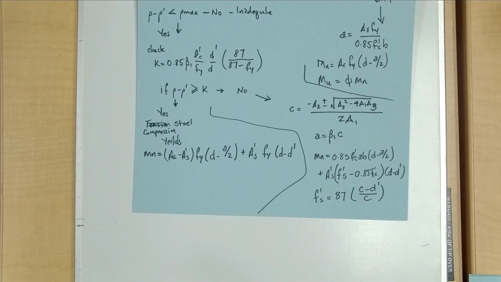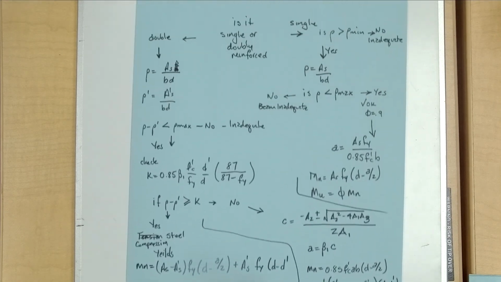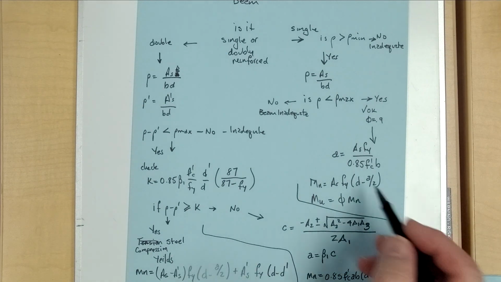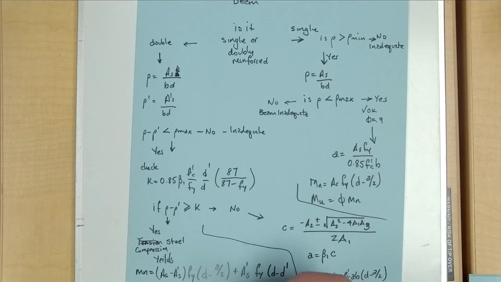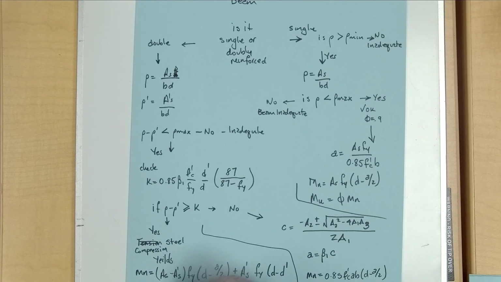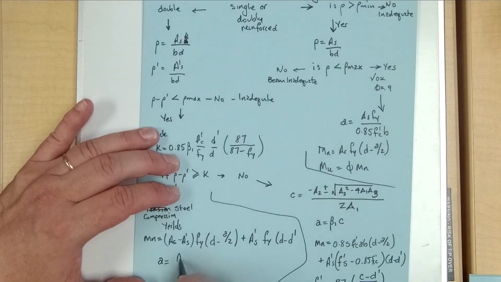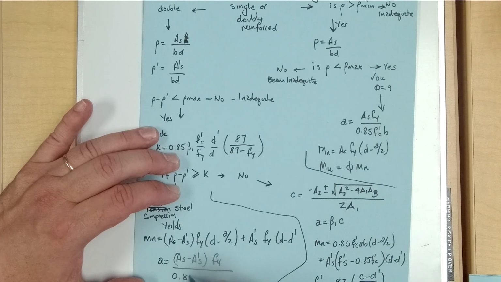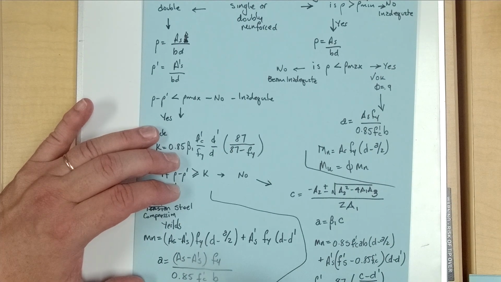If the tension steel yields, then a is equal to (A_s minus A prime s) f_y over 0.85 f'c b.